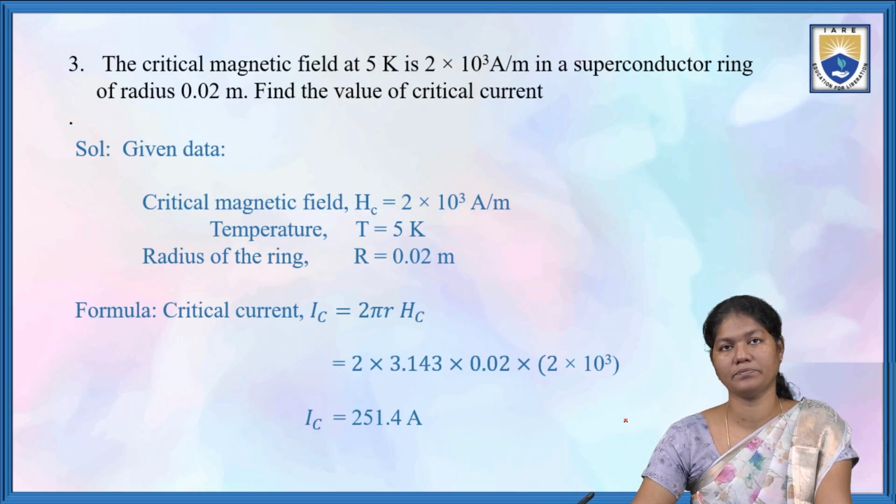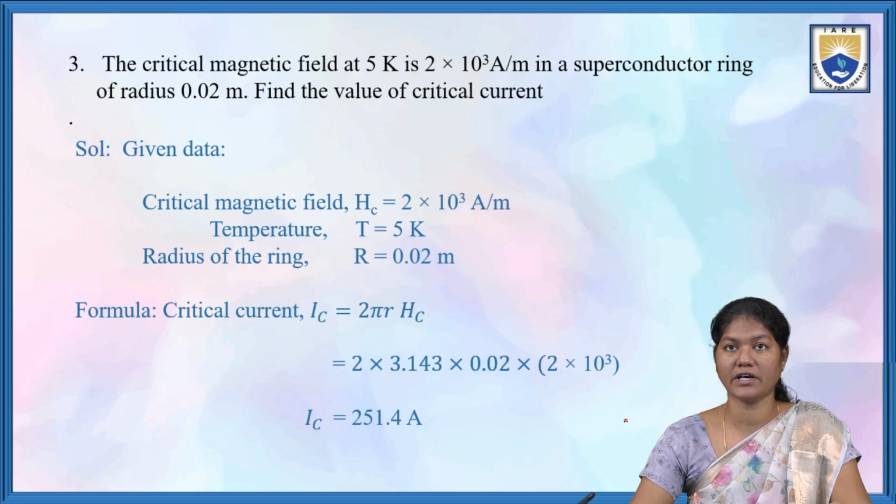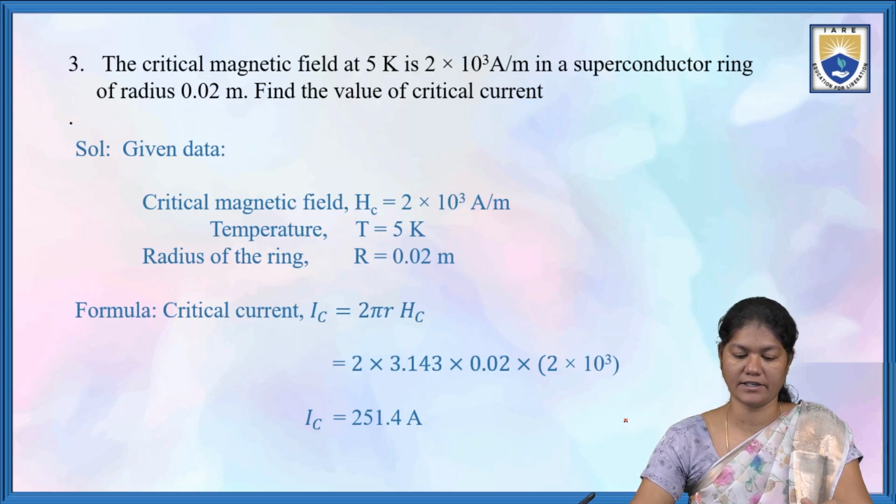The next problem: the critical magnetic field at 5 degree Kelvin is 2 into 10 power 3 ampere per meter in a superconducting ring of radius 0.02 meters. Find the value of critical current.